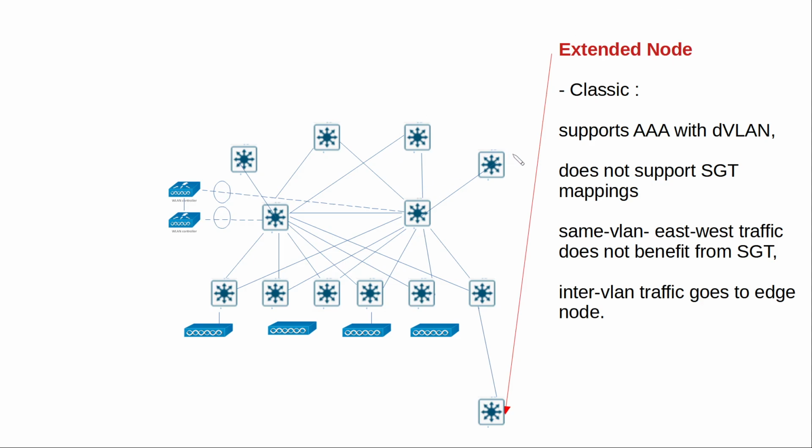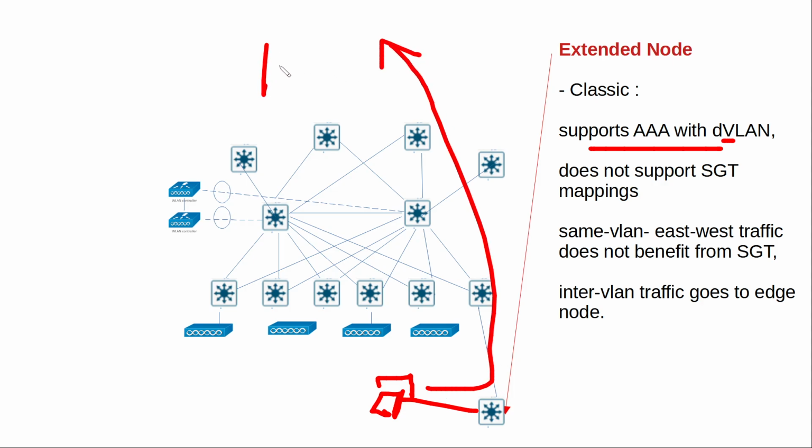The classic extended node is able to become a AAA authenticator, and it supports the dynamic VLAN. So that means that when you connect a device to your extended node, that extended node can authenticate this device with the help of ISE, the ISE server. Remember that ISE is a AAA server for your fabric.